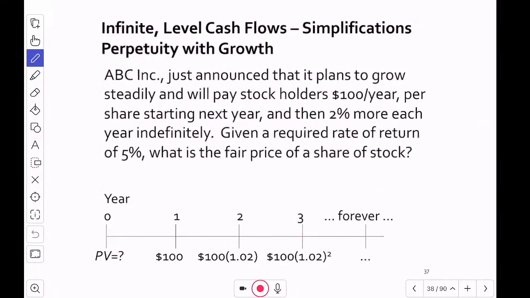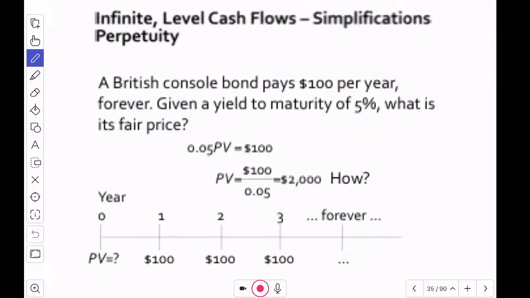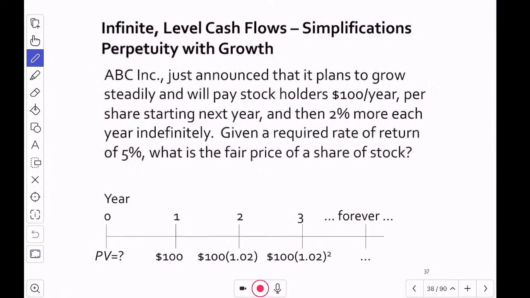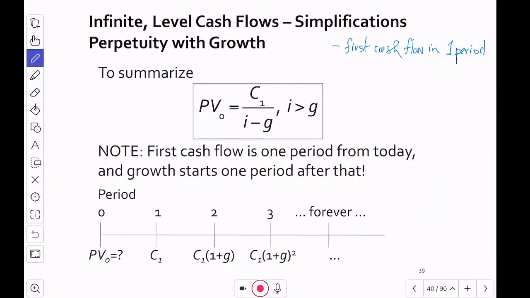So I say period or year? Yeah, just like that. So it's similar. First cash flow in one period. Cash flow the same. Cash flows are infinite.